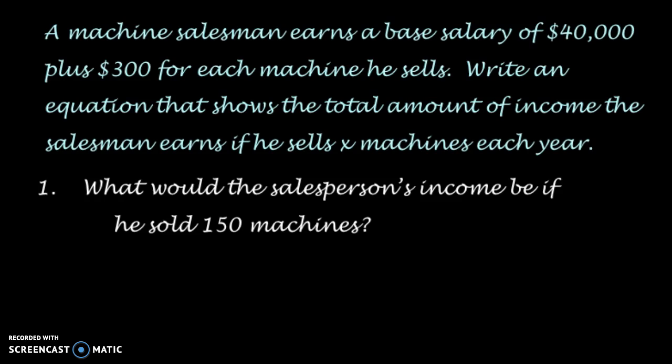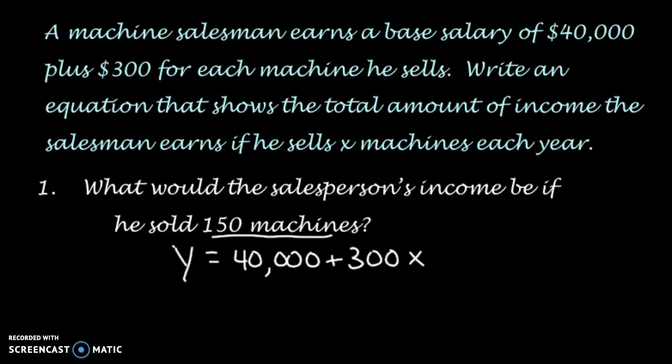So same scenario. We have this Y equals 40,000 plus 300X. And the question asks us, how much is he going to earn if he sells 150 machines? So 150 machines, that's my X value. So X equals 150.